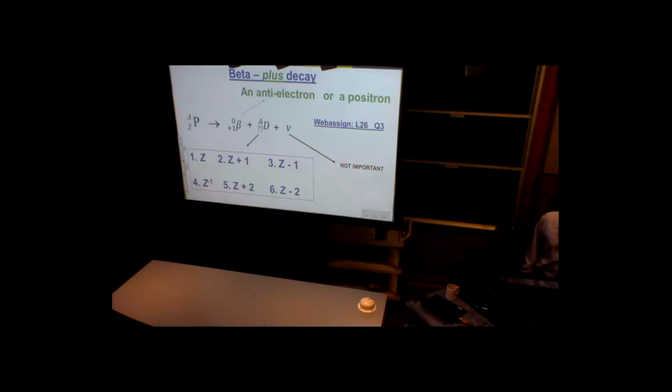Because again, we just have to apply straightforwardly the law of conservation of electric charge and the law of conservation of energy.